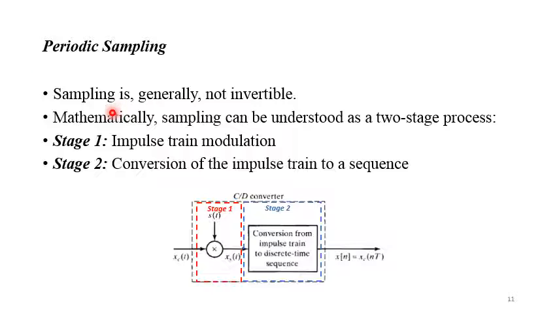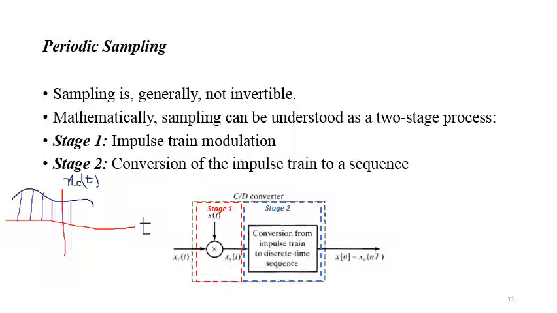So it is understood that sampling is generally not an invertible process, because during sampling you throw away much of the information, right? For example, we have a signal as shown here. If I sample it, I take one sample here, one here, one here.